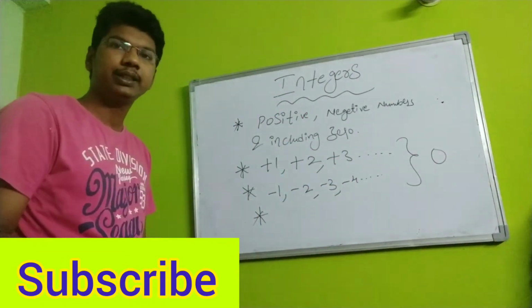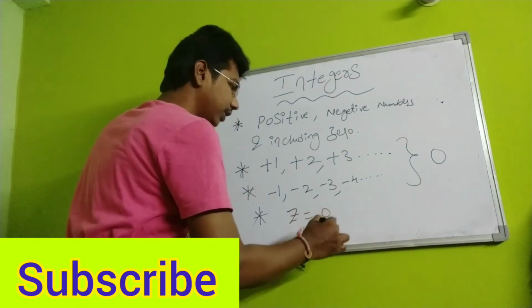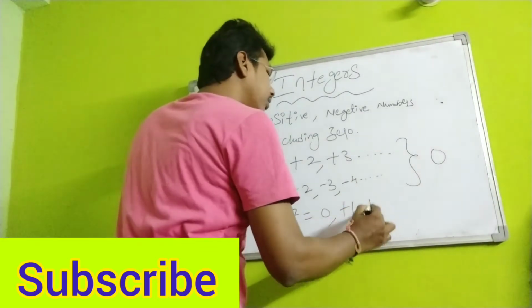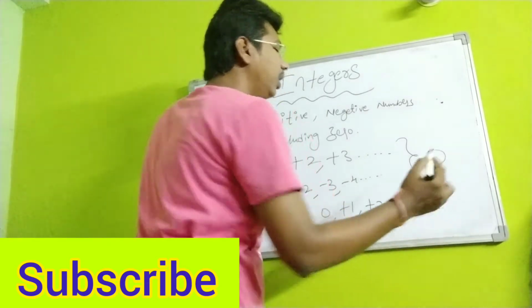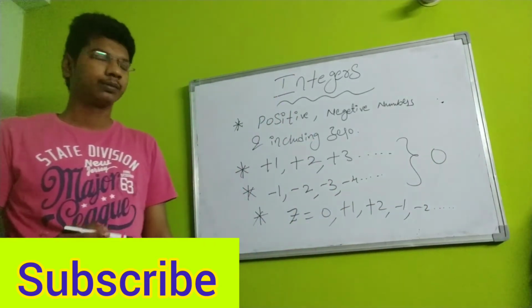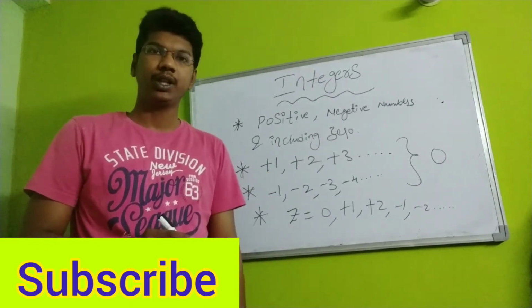Here integers are represented by Z: 0, plus 1, plus 2, minus 1, minus 2, and so on to infinity. This is the integers definition, students.